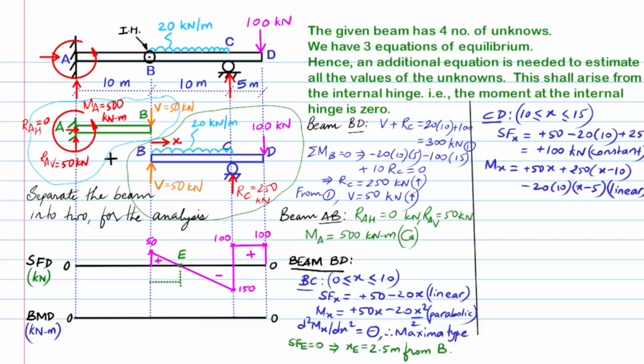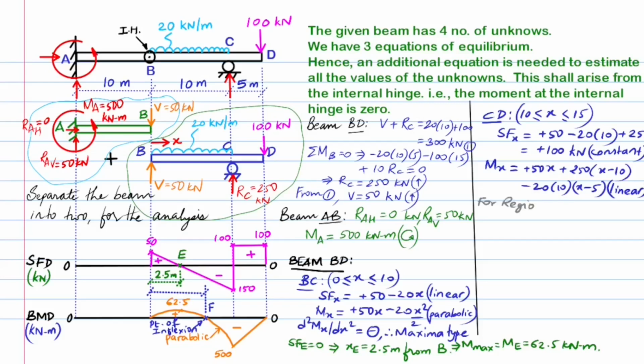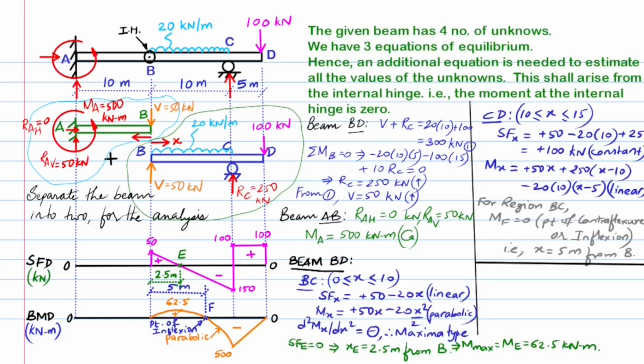The bending moment is found to be maximum of sagging type for this part with a value of 62.5 kilonewton meter, while for point C the bending moment is found to be maximum of hogging type with a value of 500 kilonewton meter. We plot a parabolic curve for bending moment for the region between B and C. The point of contraflexure or inflection is marked as F and is found to occur at 5 meters from point B. Now for beam AB, we consider the end B as reference from where the distance of imaginary cross-section, that is x, is measured.